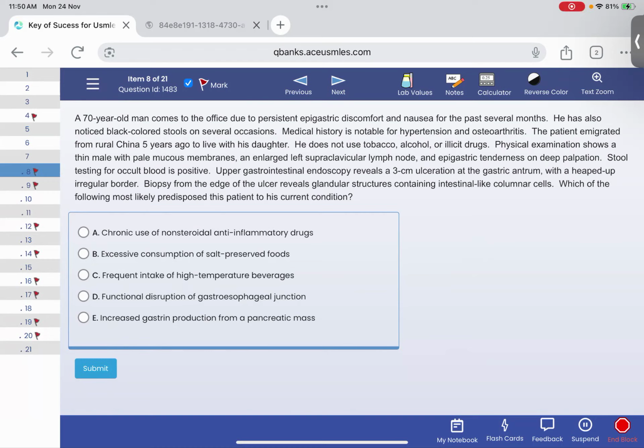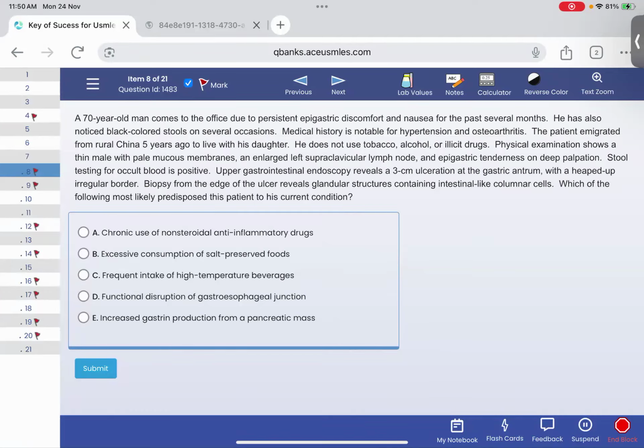So, what does this patient have? Gastric cancer. Yeah, gastric adenocarcinoma, right? Adenocarcinoma, intestinal type. He has gastrointestinal endoscopy, which revealed this 3 centimeter ulceration in the gastric antrum with these irregular borders, right?